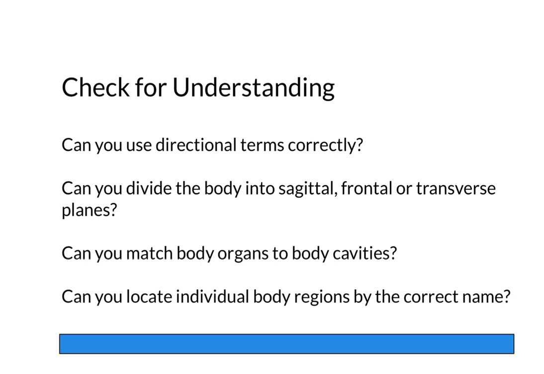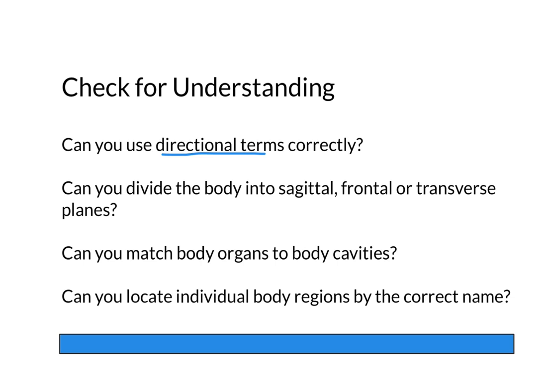So now take a few moments and check your understanding for these terms to navigate the human body. Can you use the directional terms correctly? Do you know which way is lateral, where medial would be found, proximal, distal, inferior, superior? Make sure you know those terms and can use them in describing places on the body.